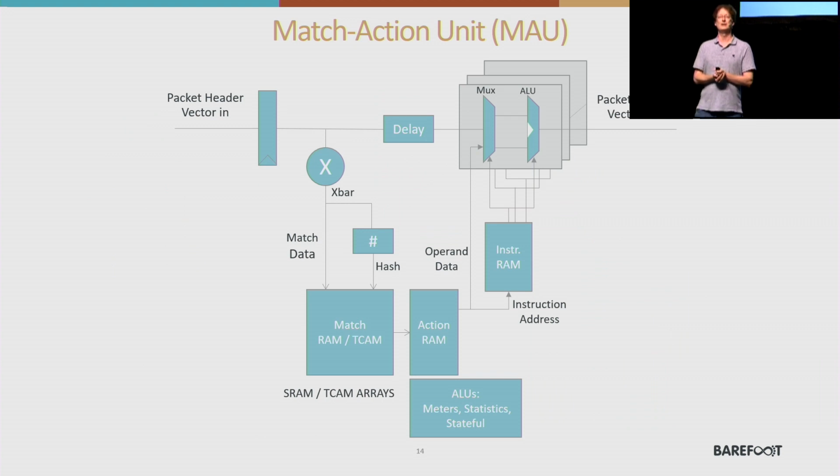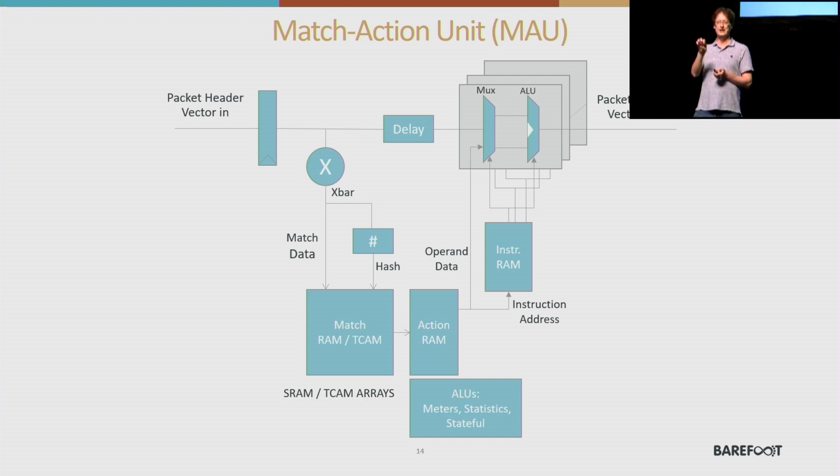Now, the block diagram of this match action unit is going to look suspiciously similar to some of the diagrams I showed earlier, showing how match action processing works, because it just directly implements those block diagrams. Packets come in, they get registered, they go through a crossbar which extracts fields for matching, and those go to either SRAMs for exact matching or TCAMs for ternary matching.